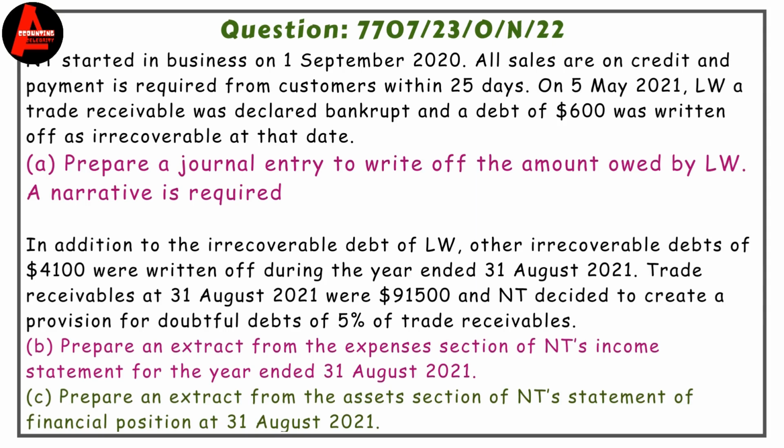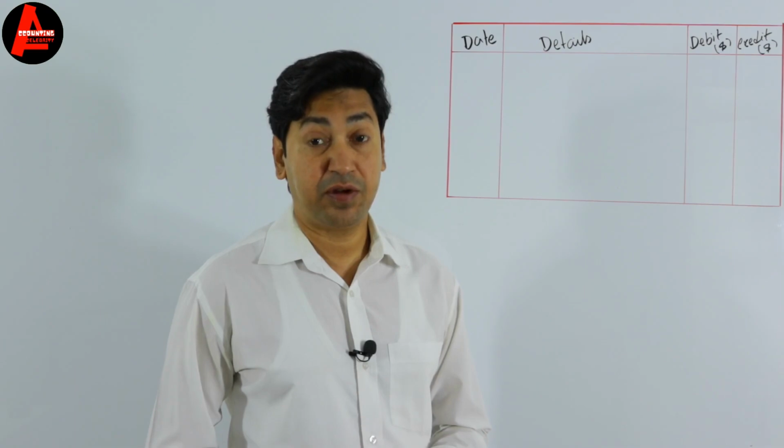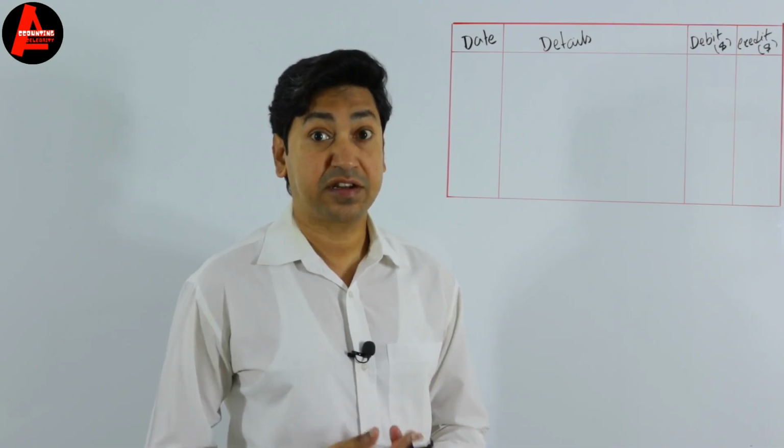On 5th of May 2021, LW, a trade receivable, was declared bankrupt and a debt of $600 was written off as irrecoverable at that time. Here we see LW, a trade receivable, our current asset.